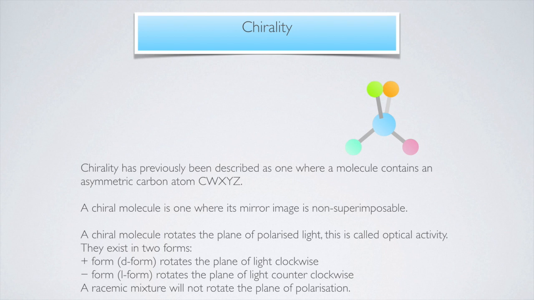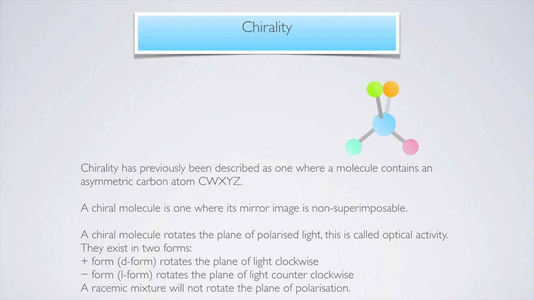Because again, chiral molecules are very important in pharmaceutical chemistry and in catalytic chemistry and many organic and organometallic reactions. So let's just remind ourselves what chirality is.